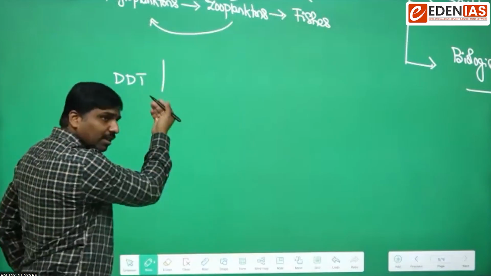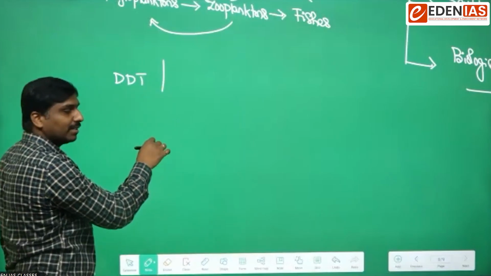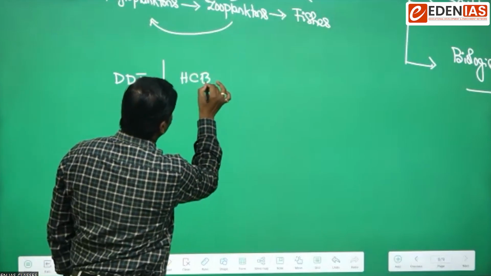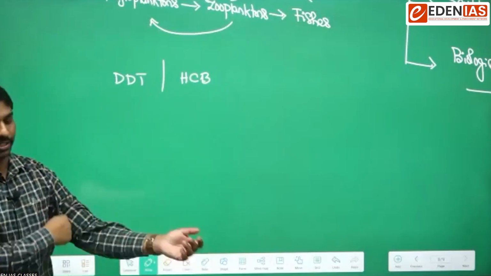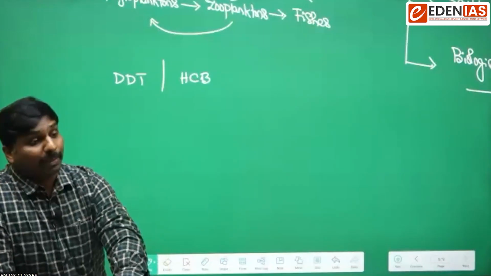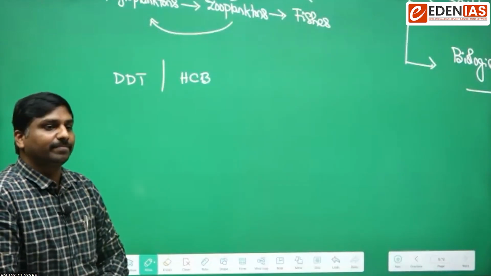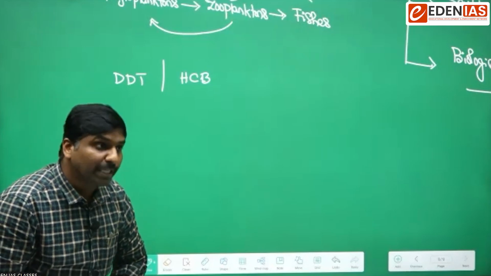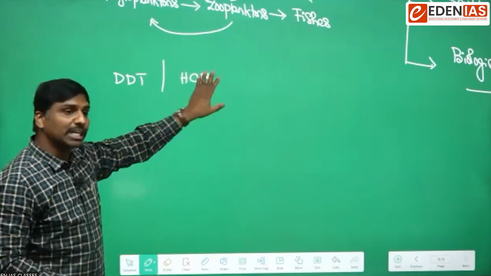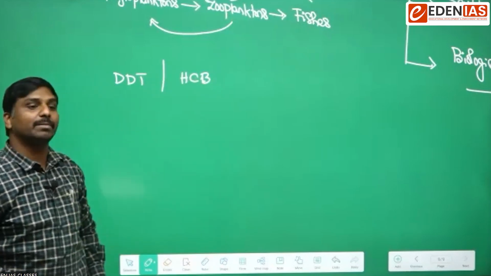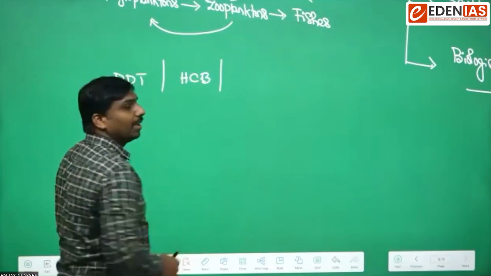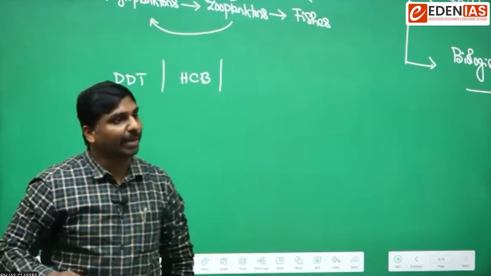So it is an insecticide and a pesticide. Then we have hexachlorobenzene, a fungicide which is used to kill fungus. So HCB, or hexachlorobenzene, also has similar properties, so it can also become biomagnified.